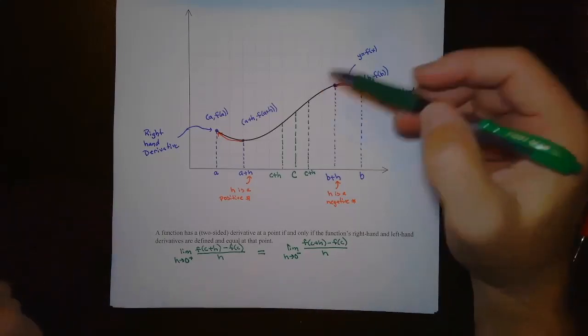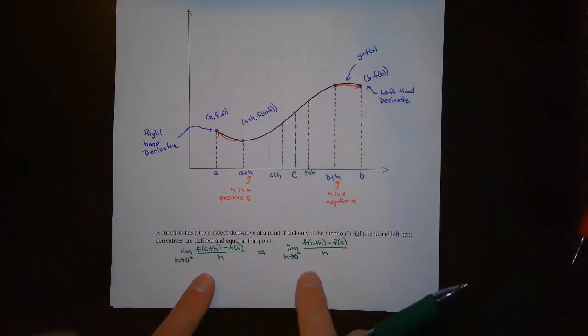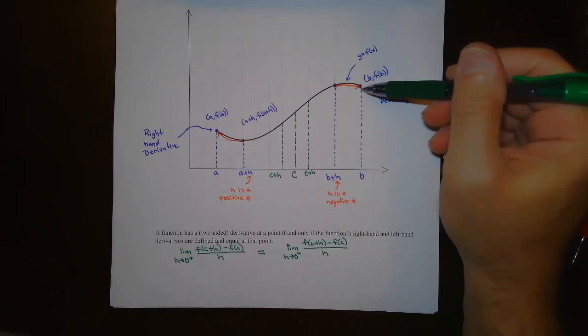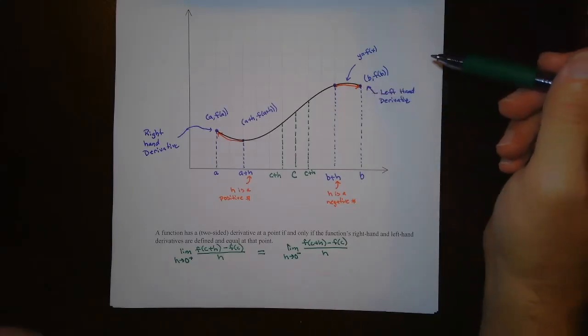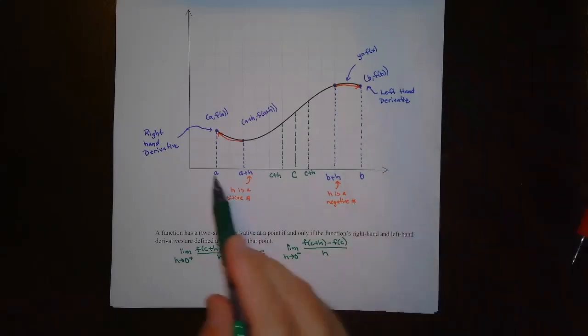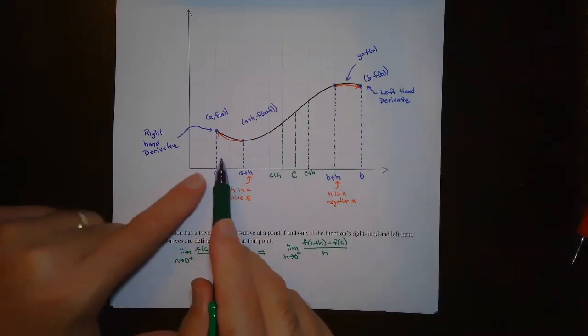Now, on an endpoint, you don't have to have the two-sided derivative. You just have to have the one-sided derivative. So at a right endpoint, we would need to do the left-hand derivative. And if that exists, that would be the derivative at point B. And same thing for A. We would do a right-hand derivative, okay? Do you see now why it's called a right hand?